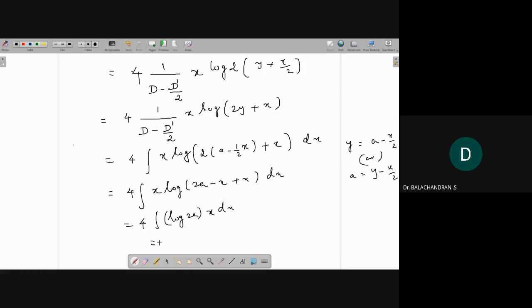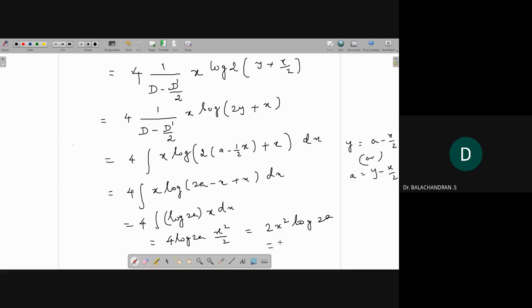So this is equal to 4 into log 2a, integration of x dx is x square by 2. So this is equal to 2x square log 2a. But finally you need to replace a by y minus x by 2.